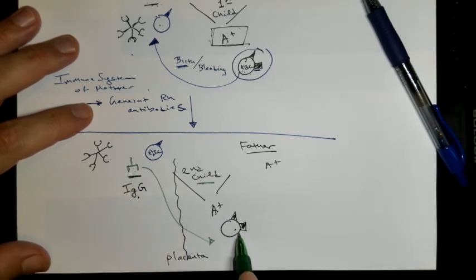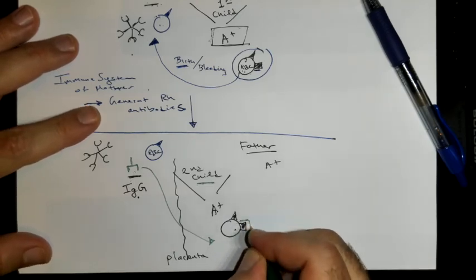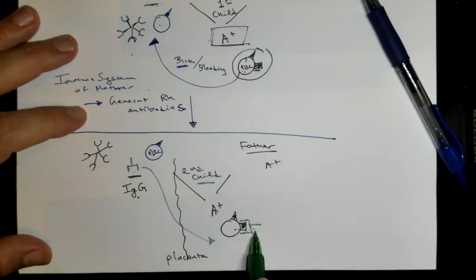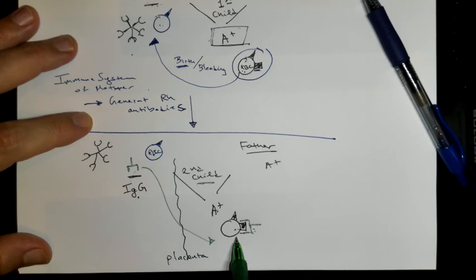And of course, they're going to target this cell for destruction, and they will stick with their sticky ends onto that antigen. So you do have a match here if this happens.